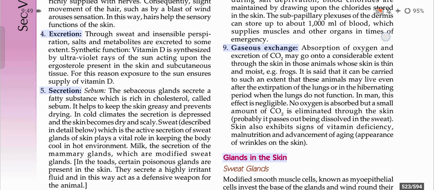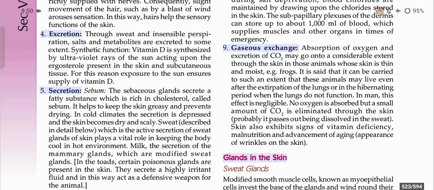Now, number 9 and the last function is gaseous exchange. Absorption of oxygen and excretion of carbon dioxide may go on to a considerable extent through the skin in those animals whose skin is thin and moist, like frogs. It is said that this can be carried to such an extent that these animals may live even after the extirpation of the lungs, or in the hibernating period when the lungs do not function.